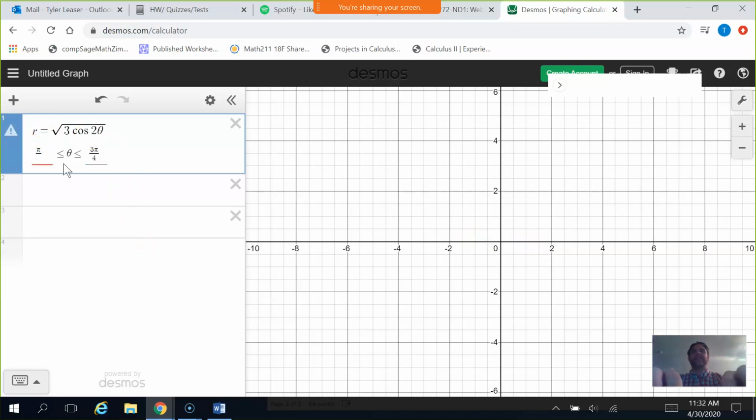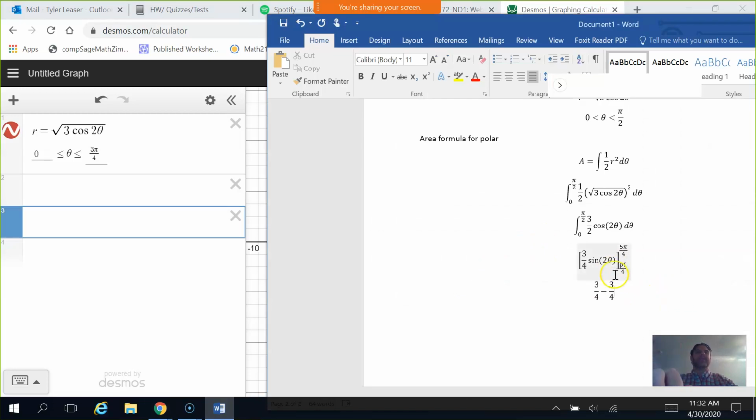Or what was another one? 0 to 3 pi over 4. That might work. So this is just half of a loop. We can find the area of half of a loop and then just double it. So going from 0 to 3 pi over 4 instead.